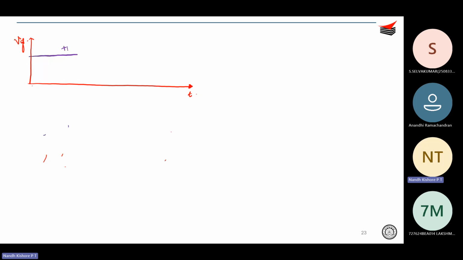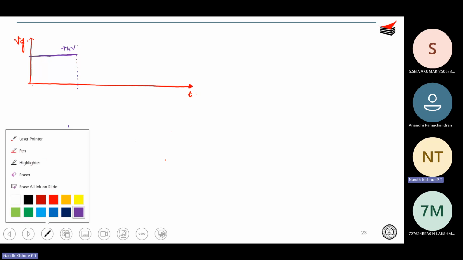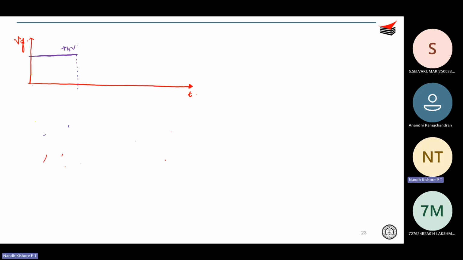At this point, I withdraw the gate pulses. The gate pulses were high till this point. At this point, I make the gate pulses 0. This is what I have done.